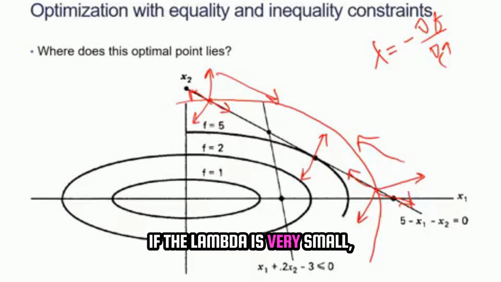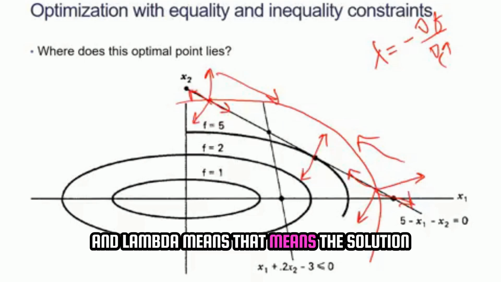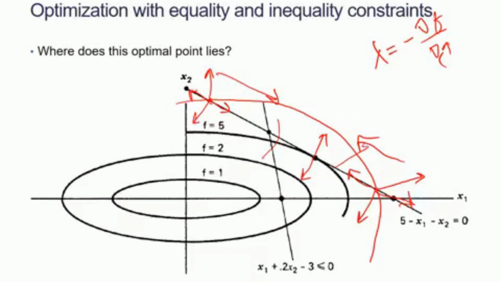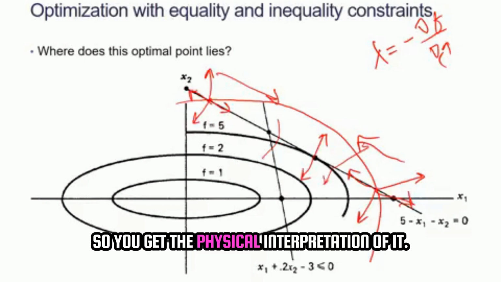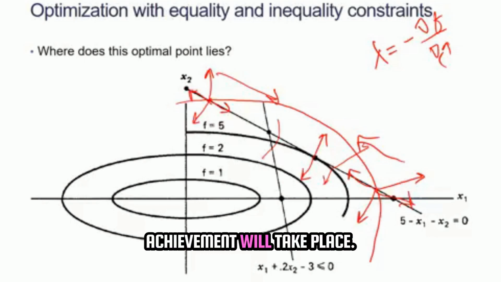If lambda is very small, that means the force is not very high, and that means the solution is already somewhere close to this value. So you get the physical interpretation of it. It is like a force at which the updation will take place, or the collinearity achievement will take place. Do you get my point here?